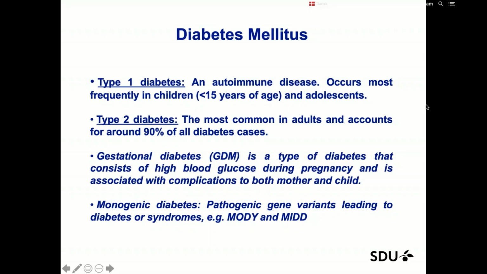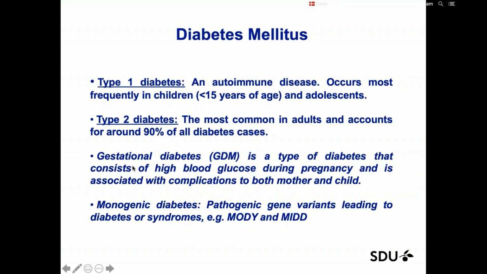Type 1 is an autoimmune disease, occurring most frequently in children and adolescents. Whereas type 2 diabetes is the most common form in adults and accounts for around 90% of all diabetes cases. These two types of diabetes are also called polygenetic diseases.